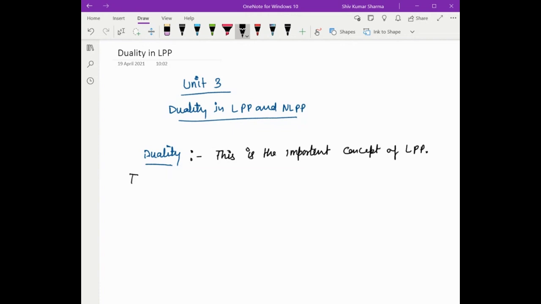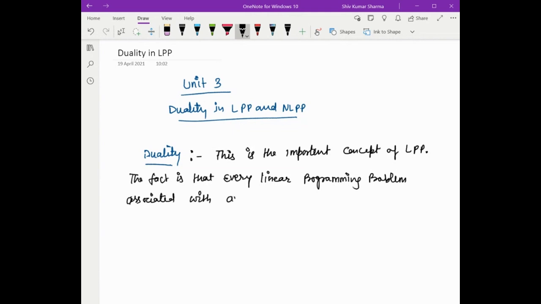So the fact is that every linear programming problem can be said to be associated with another linear programming problem.